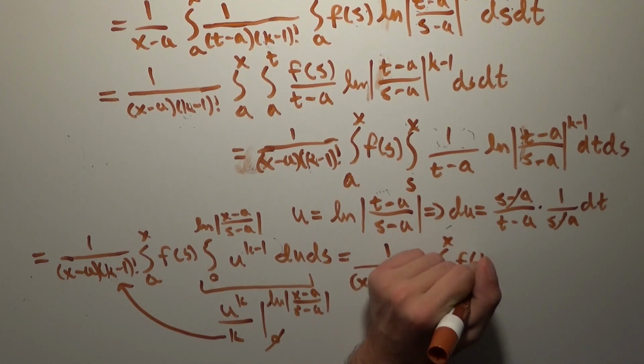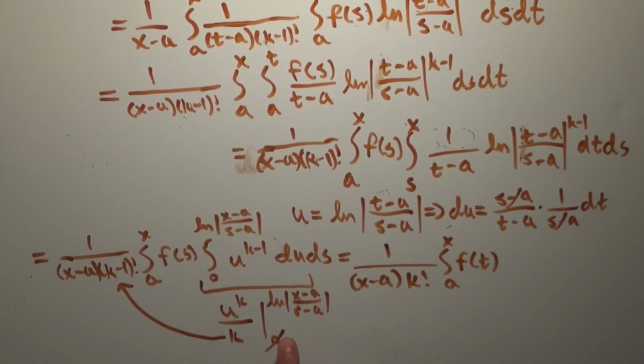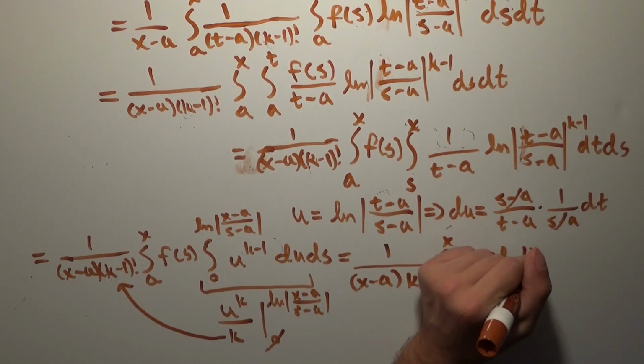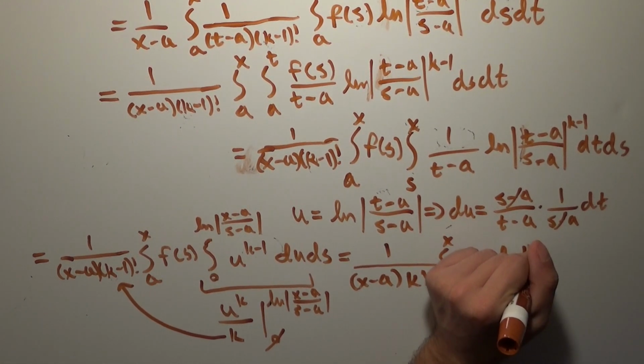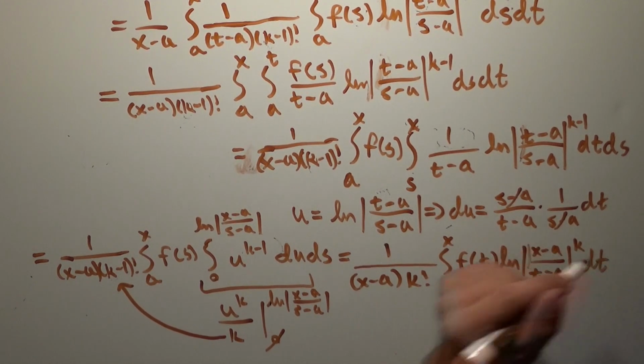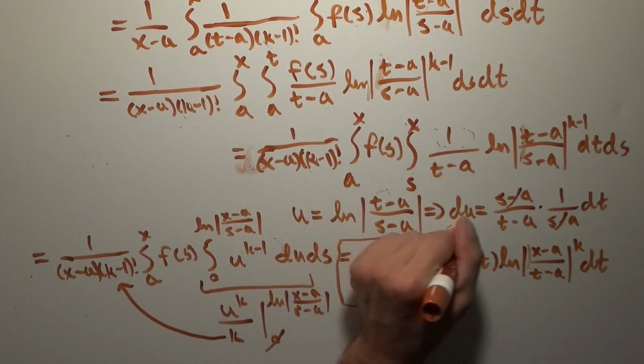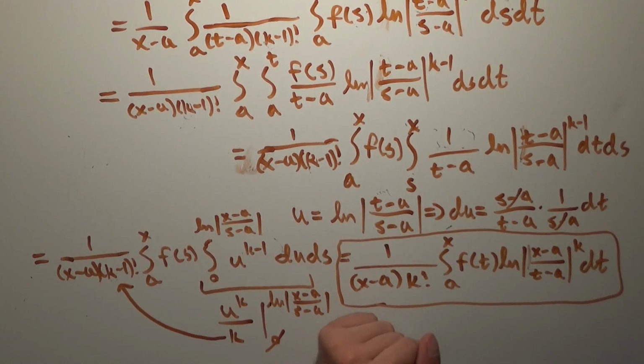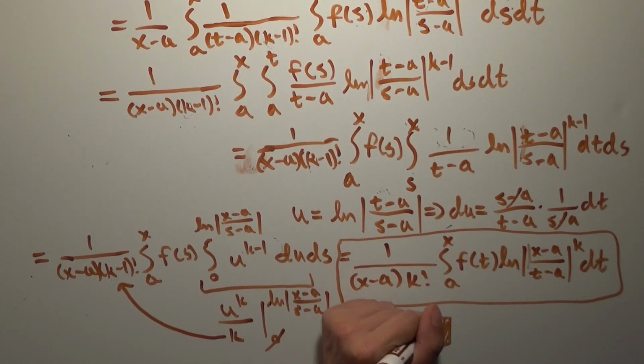So f of t times this to the power of k, so log of the absolute value of x minus a over t minus a to the power of k dt, which is precisely what was to be proved, right? So QED, thus it is proved.